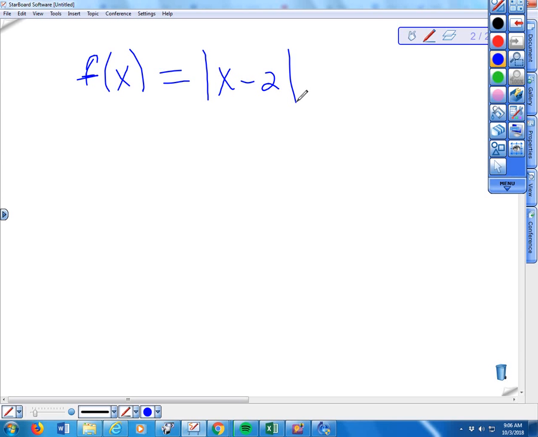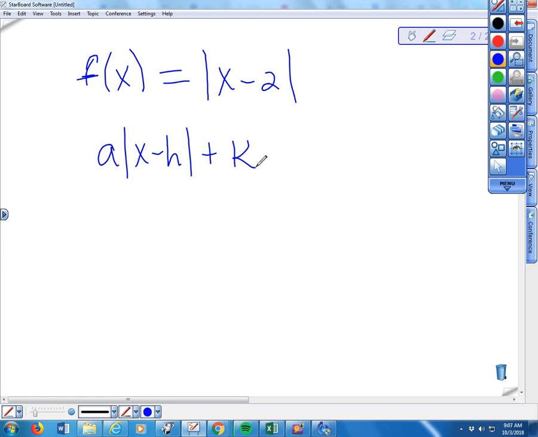Okay, if I'm looking at the general form, it should be absolute value. What is h in my equation? Negative 2, or just 2 actually, because it's x minus h, and so it's x minus h is 2. What is k? 0.